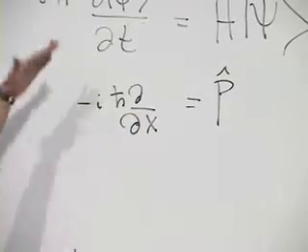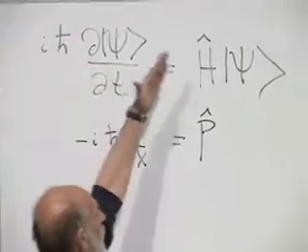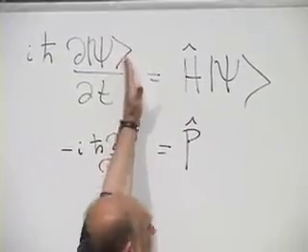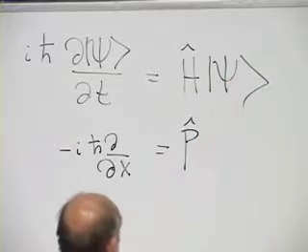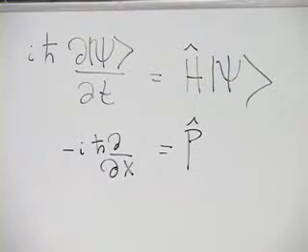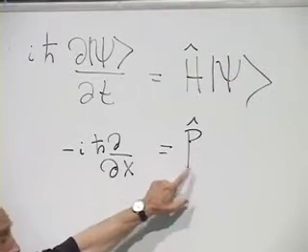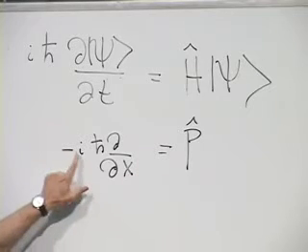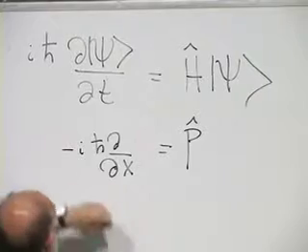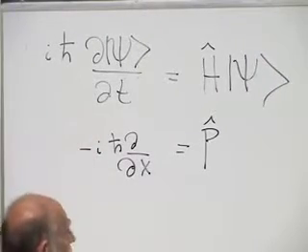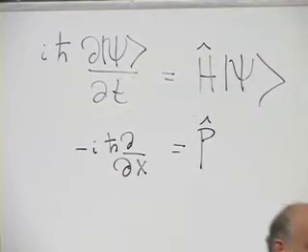In other words, the time derivative of the wave function is obtained by the Hamiltonian acting on the wave function. The space derivative of the wave function is related to the momentum operator by the same factor i h bar. The fact that there's a minus sign here and no minus sign here is something of a convention.